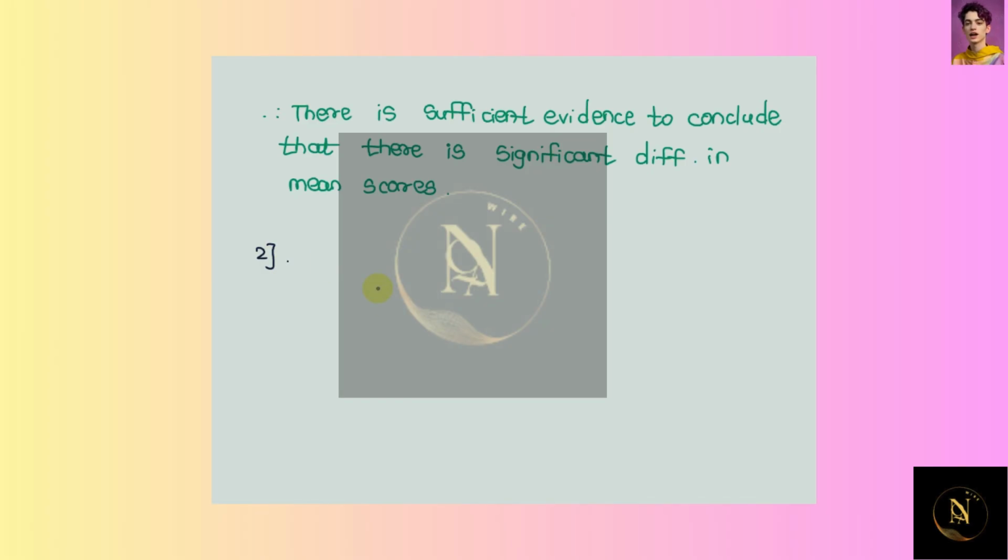In the second question, we are also given the data for two groups, and we want to test whether there is a statistically significant difference in the mean score. That means we want to test H0: mu1 is equal to mu2 versus the alternative hypothesis H1: mu1 is not equal to mu2.